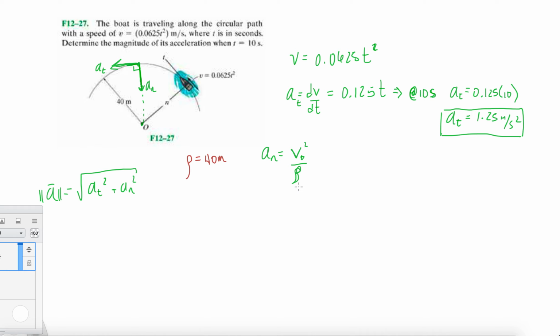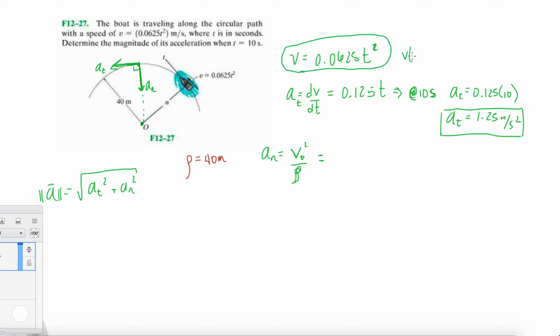So now all we need to do is find the velocity at 10 seconds, which we can do. We already know what the tangential velocity is, so we can just plug in the numbers.